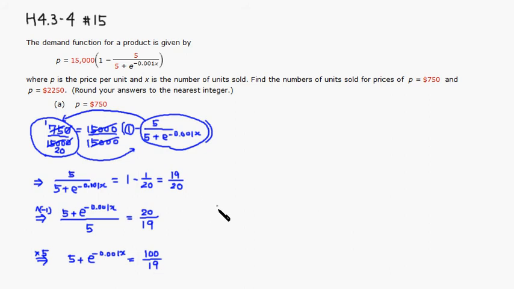Next, I'm going to go up here since there's more room. We have to get rid of 5, so we're going to subtract 5 from both sides. So you have e to the negative 0.001x is equal to 100 over 19 minus 5.